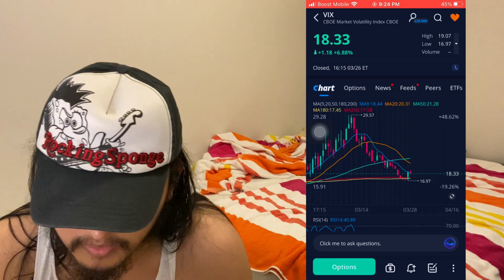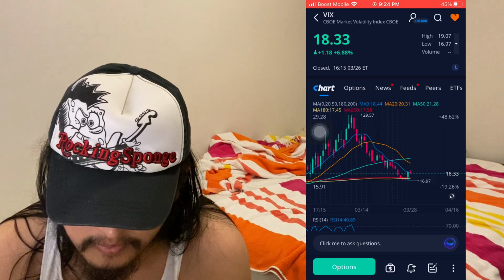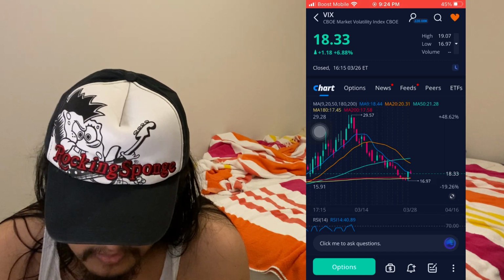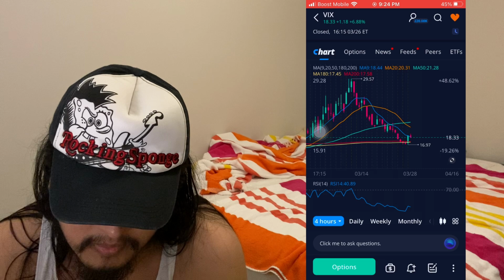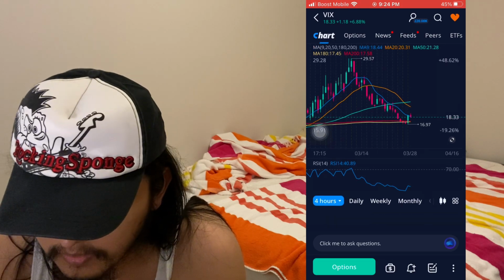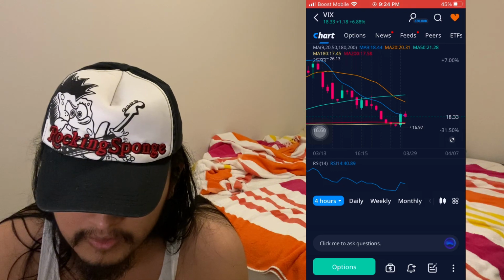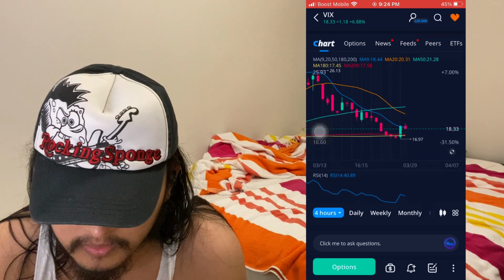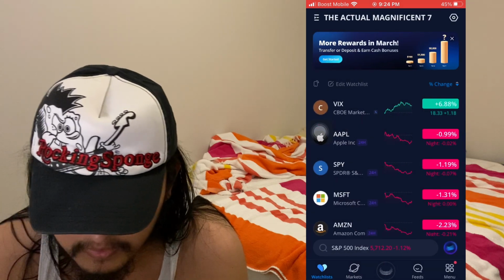Either both, right? But basically, the market is probably scared that this is going to affect the market, not even the market, but overall, us, the consumers. So if the VIX decides to use the 9-day moving average as support, it's probably going to see further uptrend, and it's probably going to use it as support and bounce off of it.